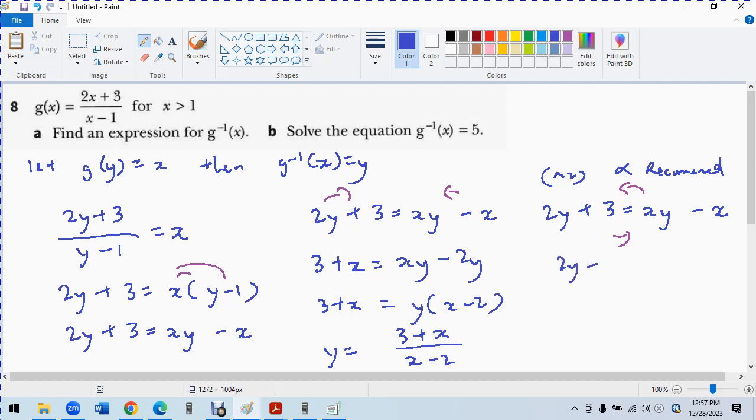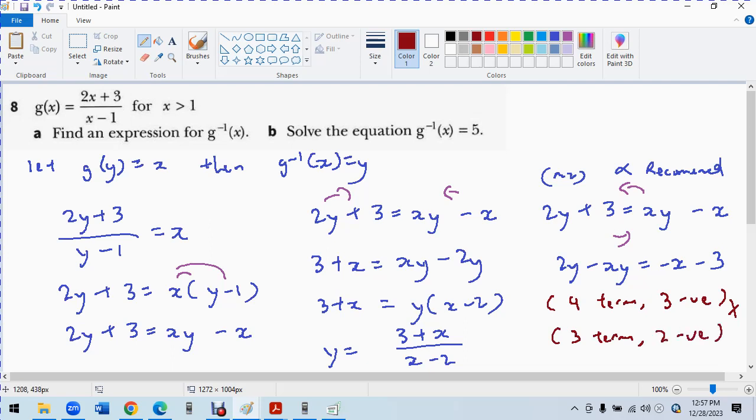So we have 2y minus xy equal to minus x minus 3. Okay, so here we have four terms, three negative values. I don't like it. For me, you have too many negatives here. If we have three terms, two negative values, also we don't want it, because if you want to do it until the end, it will be a little bit difficult.